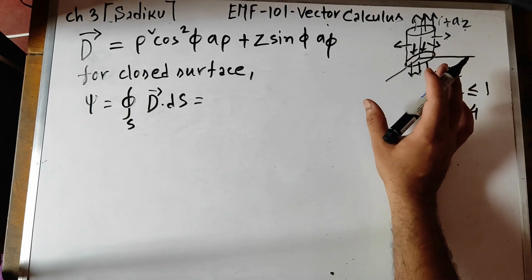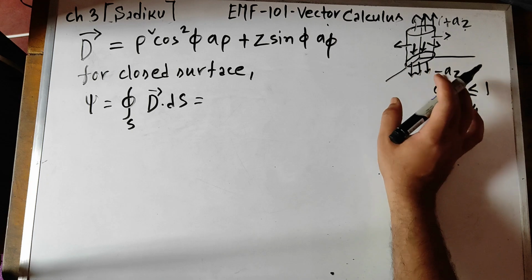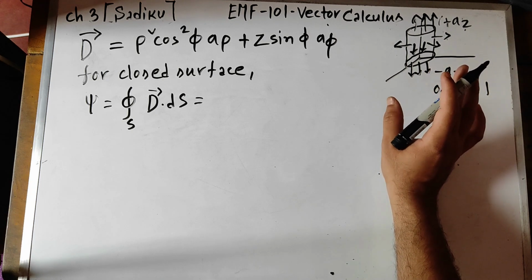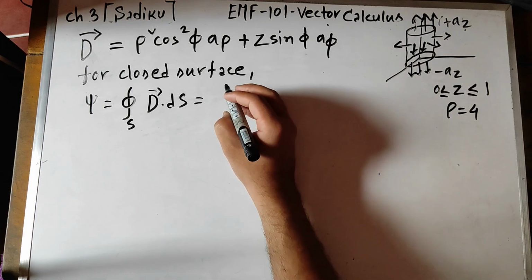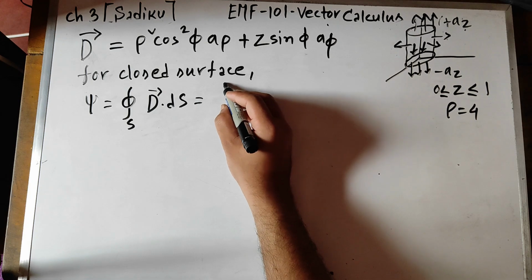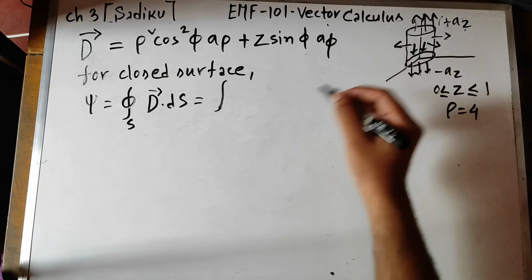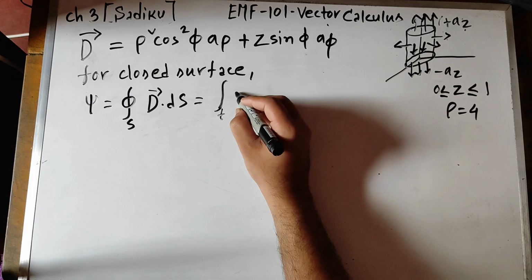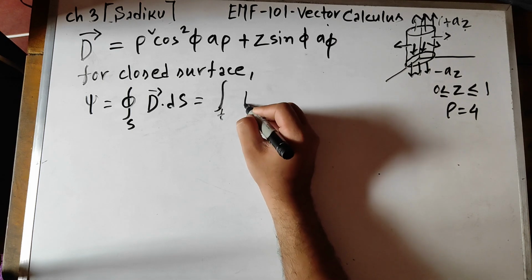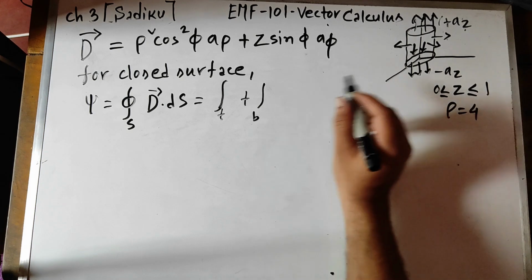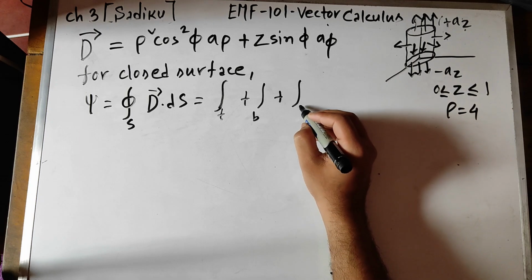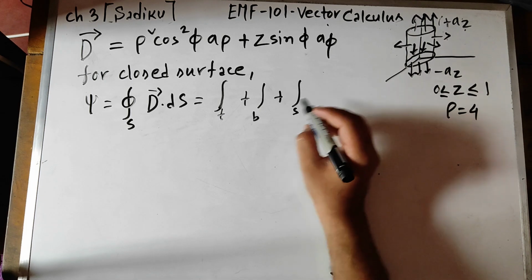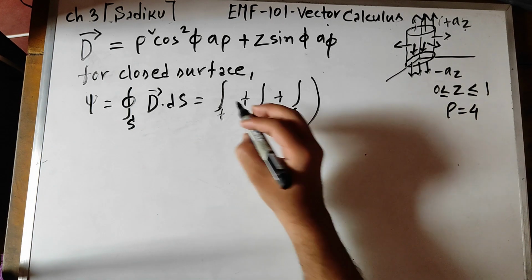So let us divide the surfaces of the cylinder into the top surface T, the bottom surface, and the sides.